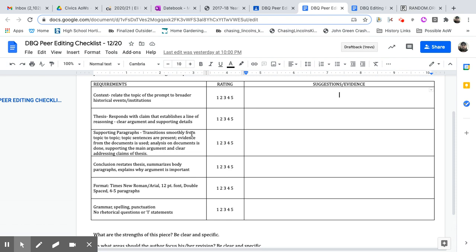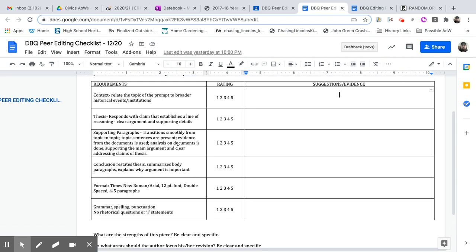In the supporting paragraphs, which come next, we're looking for smooth transitions. So if you're talking about one thing in one supporting paragraph and then you just immediately jump to talking about something else in the next paragraph, that's going to leave your reader confused. We want to see clearly why we've moved from one topic to the next.